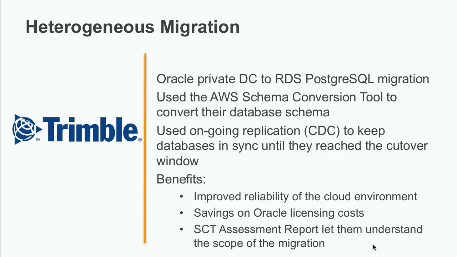But again, we cover a number of use cases, and for most of the use cases, we have customers that have done it in a worldwide scale. One of the good examples is Trimble, that have decided to modernize their Oracles into Postgres. So they used SCT to convert the schema on Postgres, and then DMS to move the data.